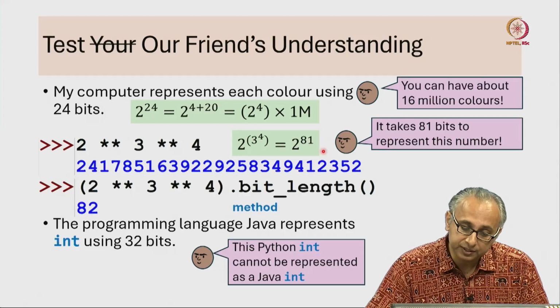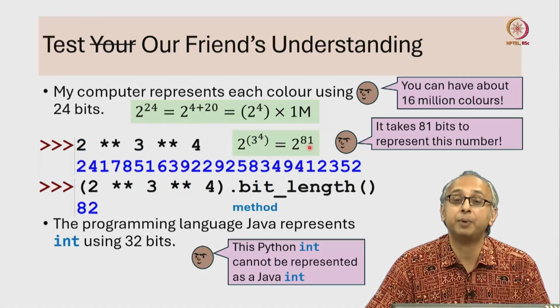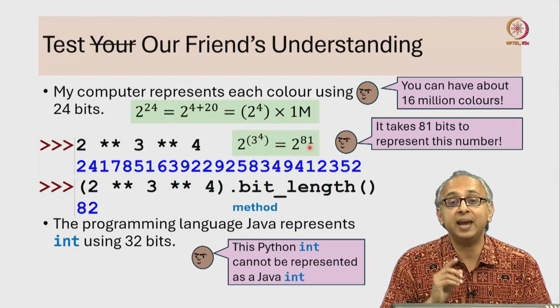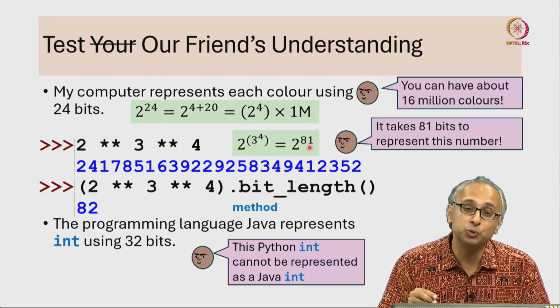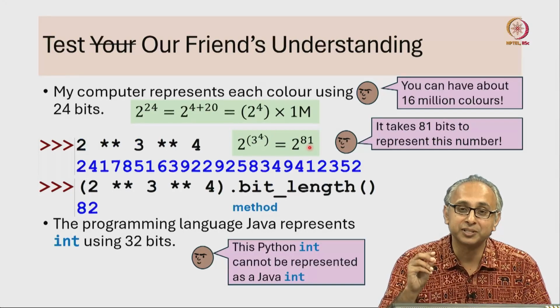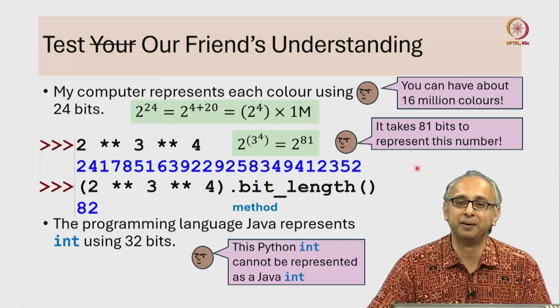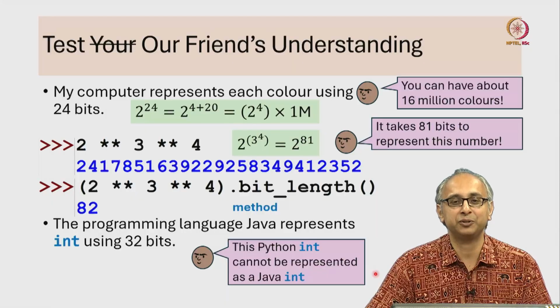But to represent this particular integer, this integer in binary, if you work it out, is 1 followed by 81 zeros. So that's a total of 82 bits. There's a slight difference between those two statements, and our friend did make that error. On the other hand, this statement is of course perfectly true.